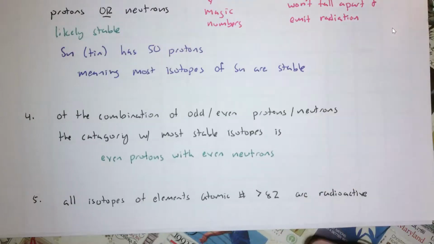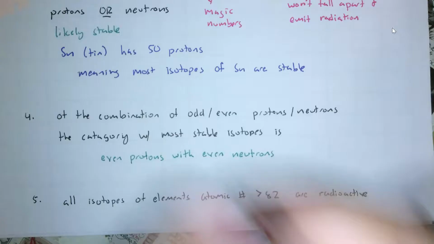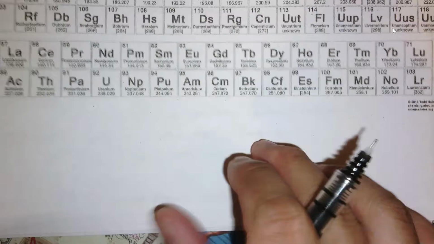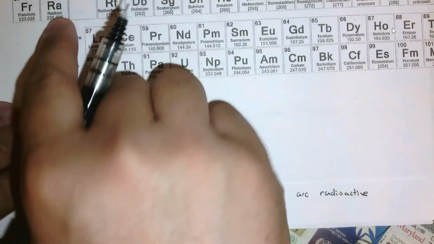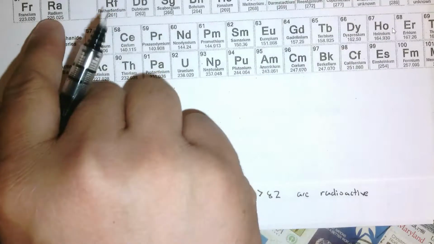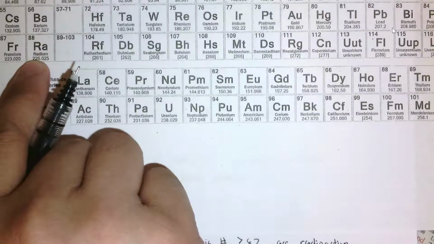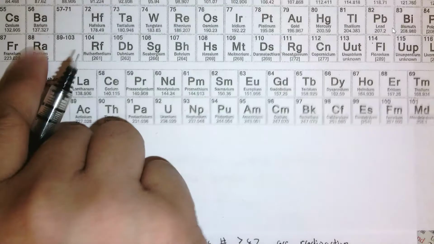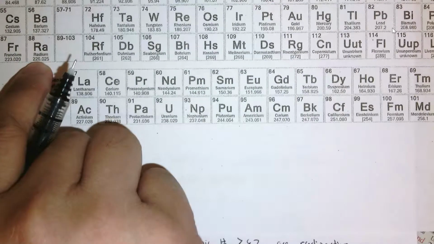Again, just be familiar with them and learn how to apply them if, for instance, you're given an element or isotope. Radium is over 82, so most isotopes of radium are going to be radioactive.